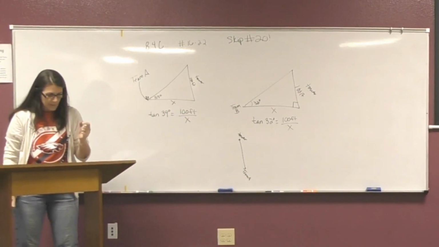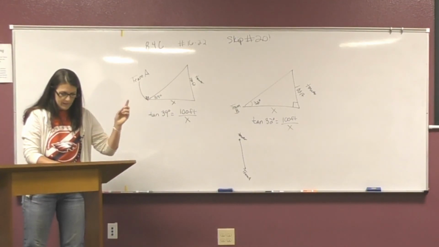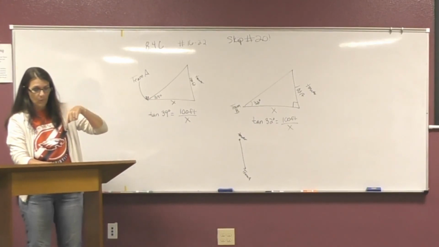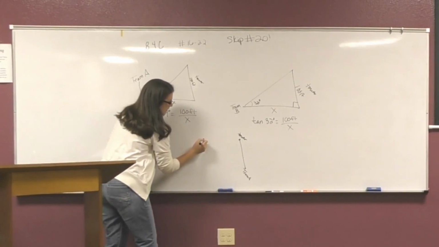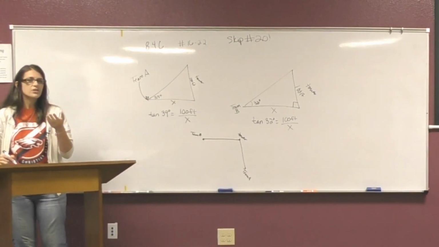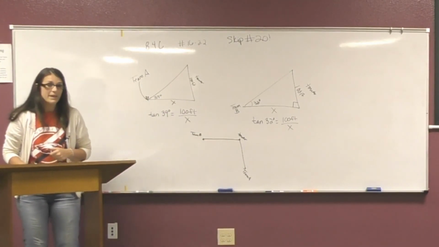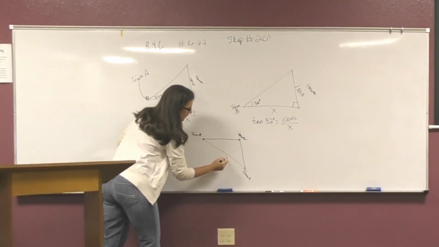Team B is directly west of the tower. So they're going to come out here west. The question is, how far are they from each other? This is what I'm looking for.